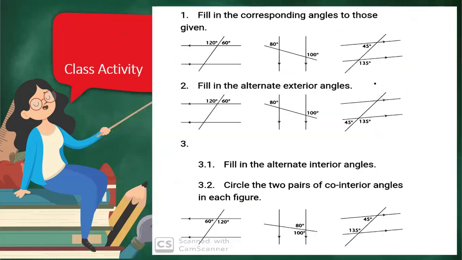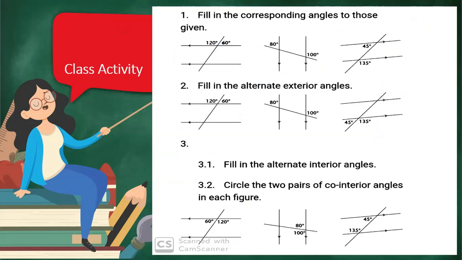So the last question here, they say fill in the corresponding angles to those given. So let's fill in our corresponding angles. They only gave us the exterior sizes, and we know that our corresponding angles are one interior and one exterior, correct?